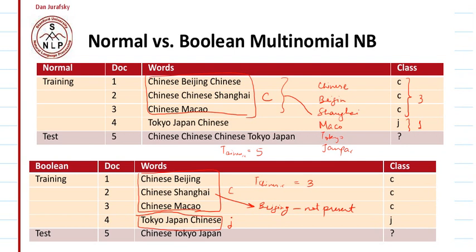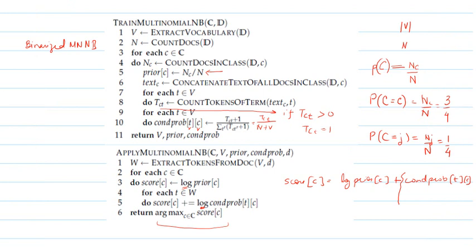The probability will be 1, the count of Beijing plus Laplace smoothing, divided by the total number of documents, 3, plus the total number of vocabulary here, which is 6, right? So this is the probability of Beijing given class C, right? So in this way we can calculate all the probabilities and apply them here, and then calculate the score of all the classes, and then apply the argmax and find out the class which has the highest score.